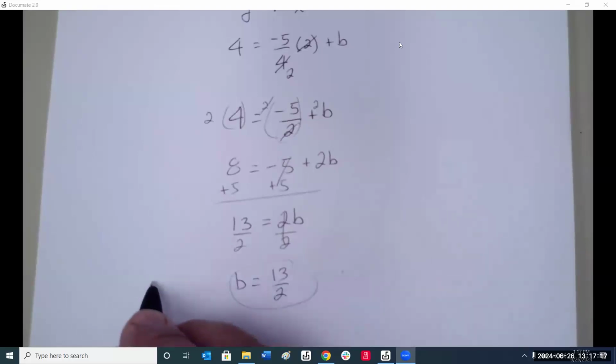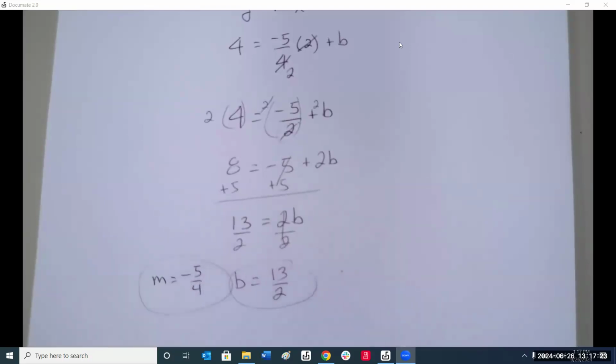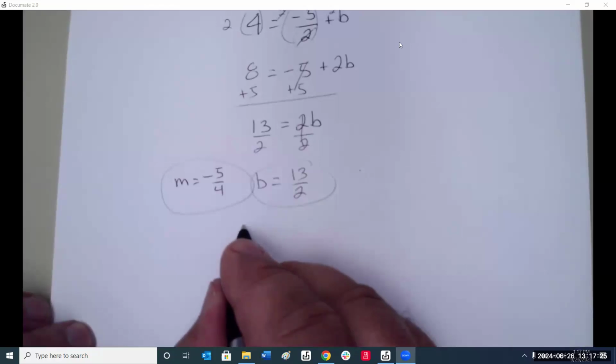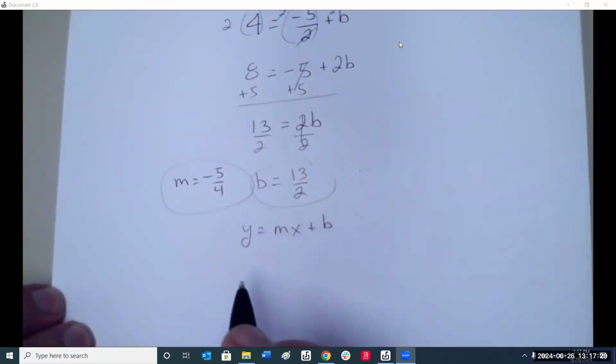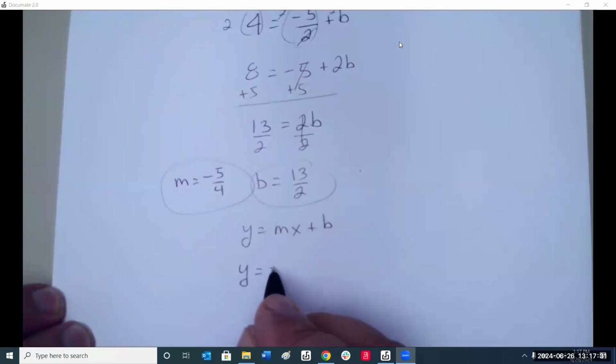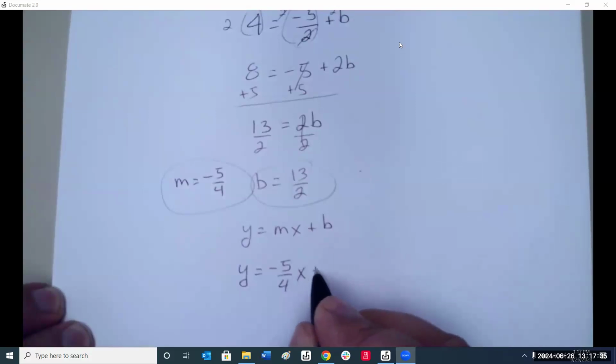Remember, our slope was negative 5/4. Plug it back in there. Negative 5/4x plus 13/2.